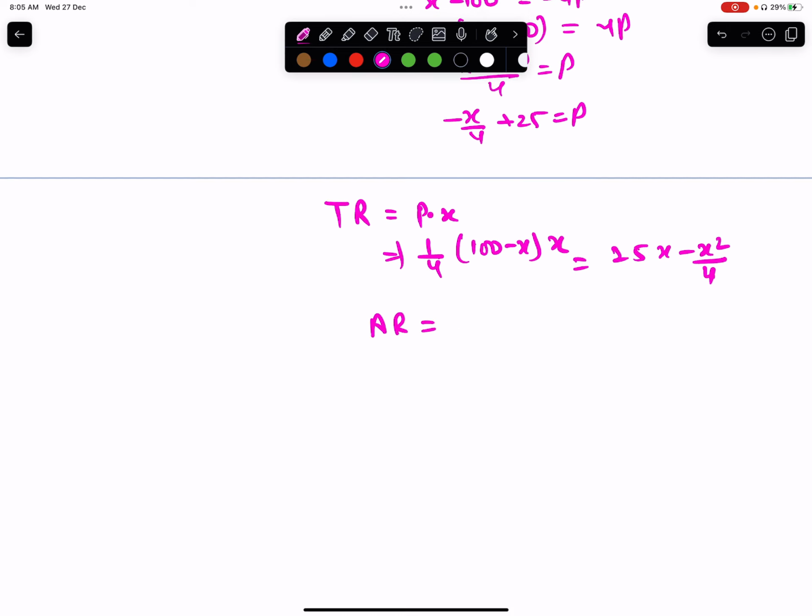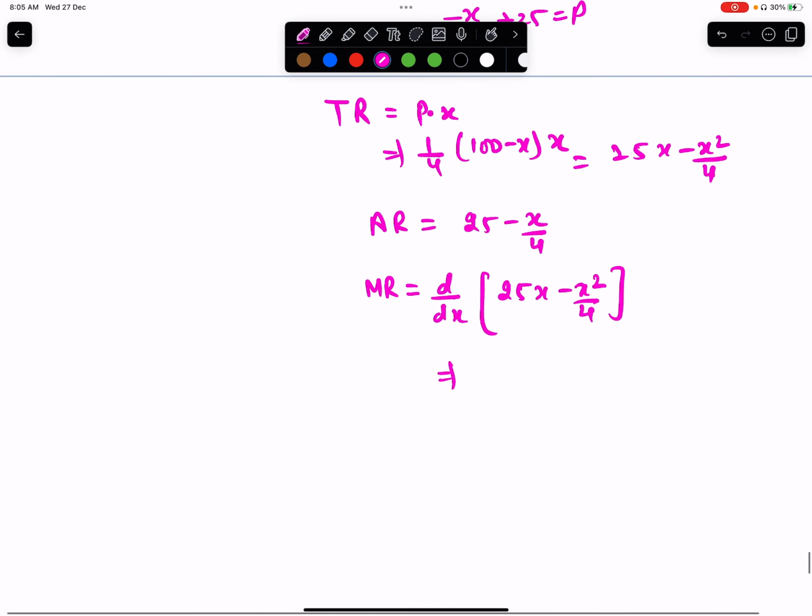Now the average revenue will be 25 minus x by 4, and marginal revenue will be d by dx of total revenue, 25x minus x square by 4. That equals d by dx of 25x, which is 25, minus d by dx of x square by 4, which is 2x by 4, that is x by 2.